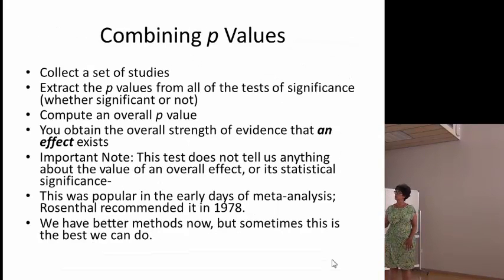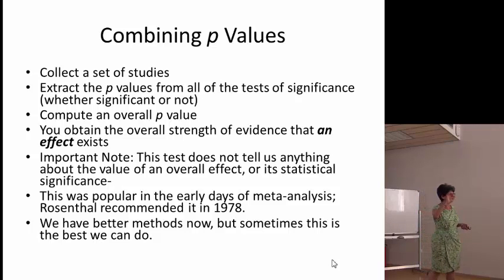You basically collect all of the p-values. They're numerical values, not significant, so like 0.07, 0.01, 0.23, whatever. Then you compute an overall p-value. I'm not going to get into the technical parts of it, but I can recommend Betsy Becker's chapter in the Handbook of Research Synthesis, where she talks about several methods.